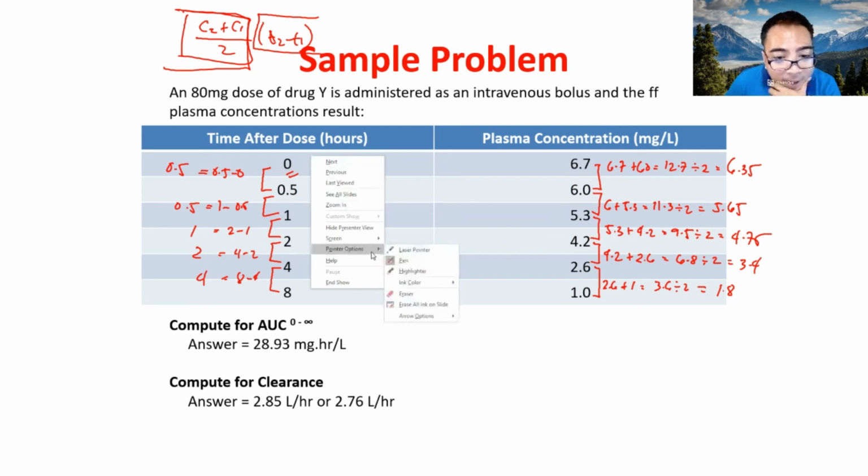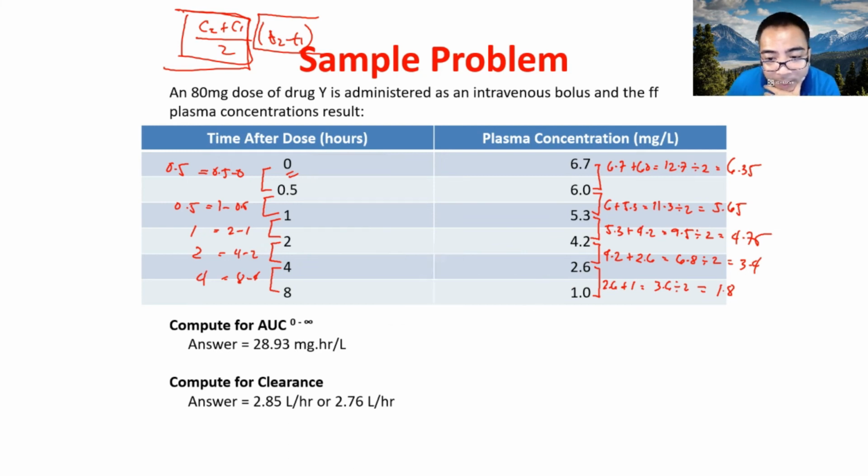So, now, class, ipagsasama ko na sila. Again, you can have your own technique here. It just so happened, this is the technique that I use. So, ipagsasama ko sila by multiplying both sides. So, 6.35 times 0.5. That's area 1. So, this is 1, 2, 3, 4, 5.